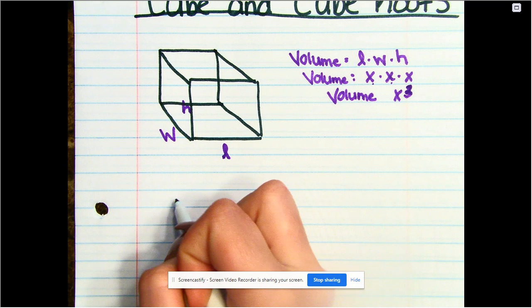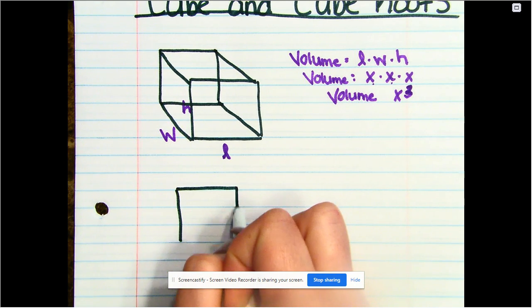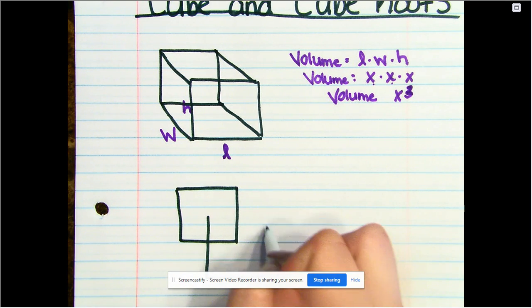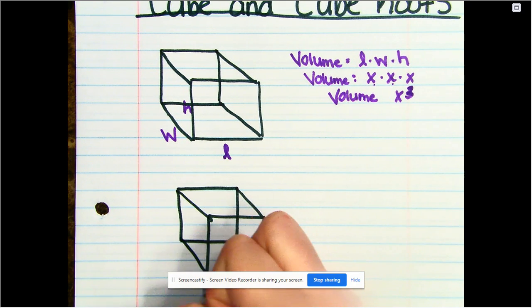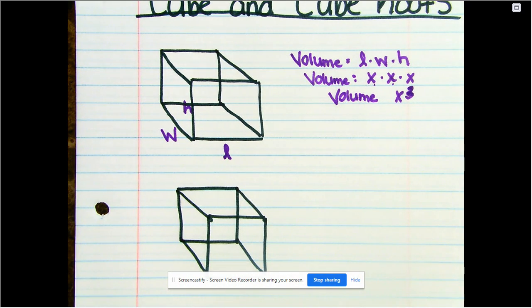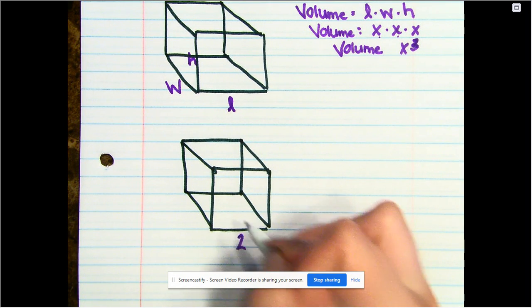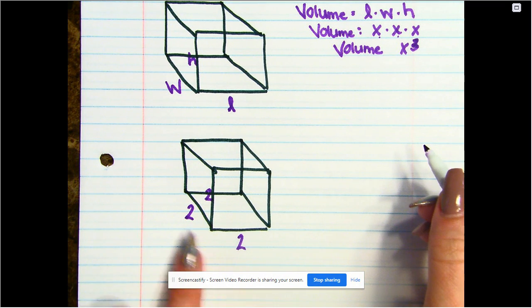So let's draw another cube. Okay, in this cube, we are going to have the side lengths be 2. And again, a cube is based off of the two-dimensional shape of square, so all sides are the same.